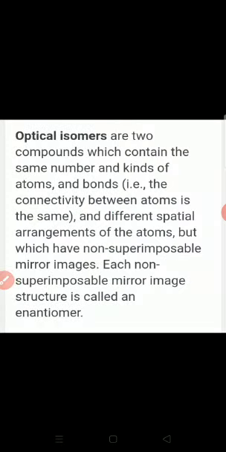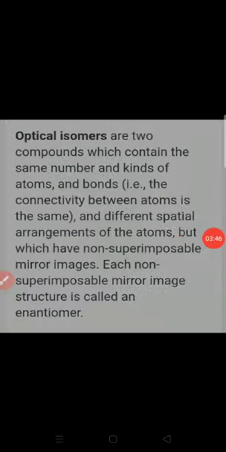Optical isomers are two compounds which contain the same number and kinds of atoms and bonds and differ in spatial arrangement of the atoms, but which are non-superimposable mirror images of each other. This is an example of optical isomer, 2-chlorobutane.